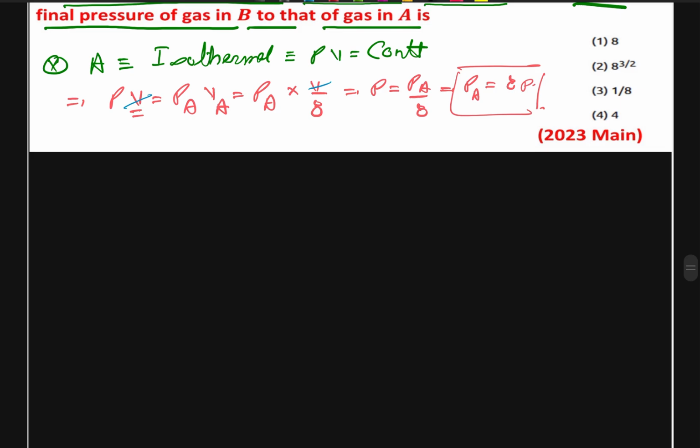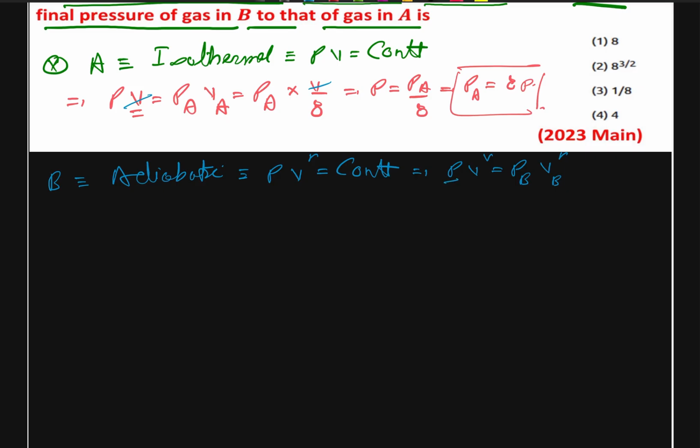And the second is our B, which is adiabatic, and for adiabatic we know that PV raised to power gamma is equal to constant, and therefore we can write that PV gamma is equal to PB and volume of B raised to power gamma, because initially both A and B are at same pressure as well as temperature as well as volume.